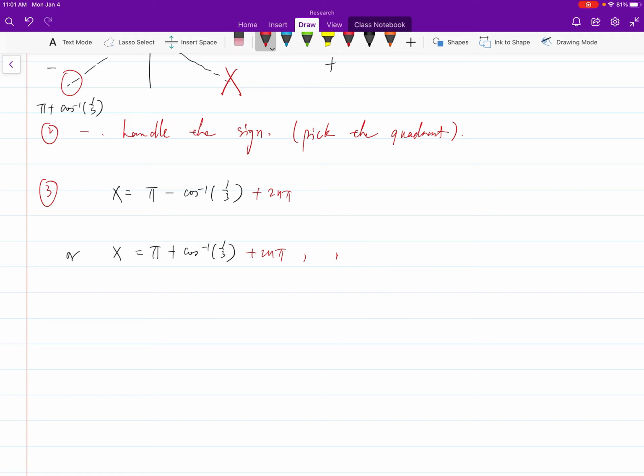Just n can be any integer. Okay, so if I want to do that, I will say this is step 4, add 2 n pi. Because your sine function is periodic. If one works, add another complete cycle, it also works.